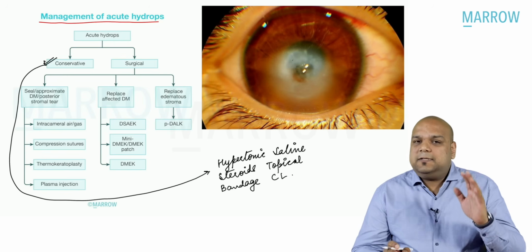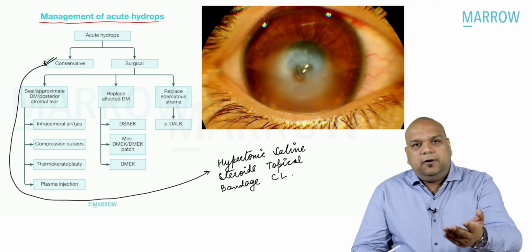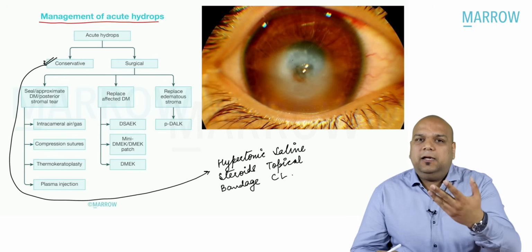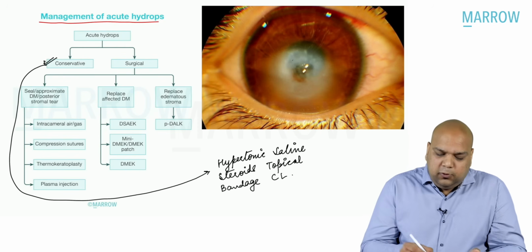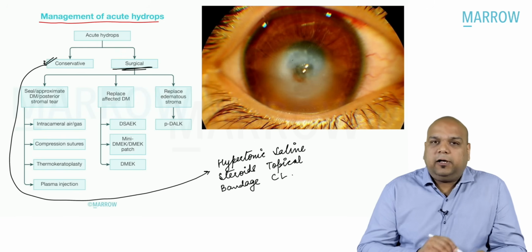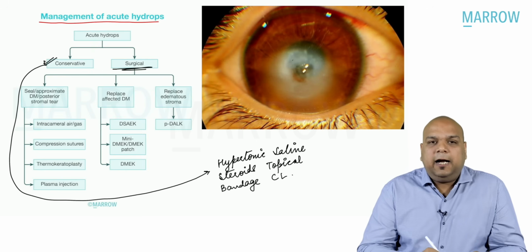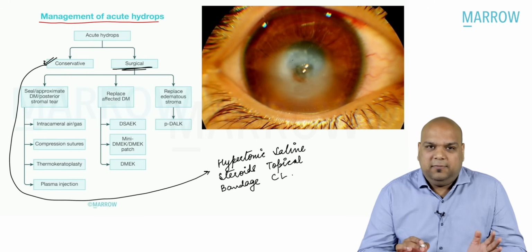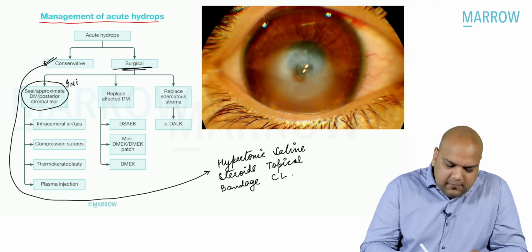In a lot of cases, we can conservatively manage it and do whatever treatment is required for the pathology, maybe like a keratoconus treatment. But if we need to do a surgical treatment, then what are the options? Seal or approximate the Descemet's membrane and the posterior stromal tear. That is the initial surgical treatment.